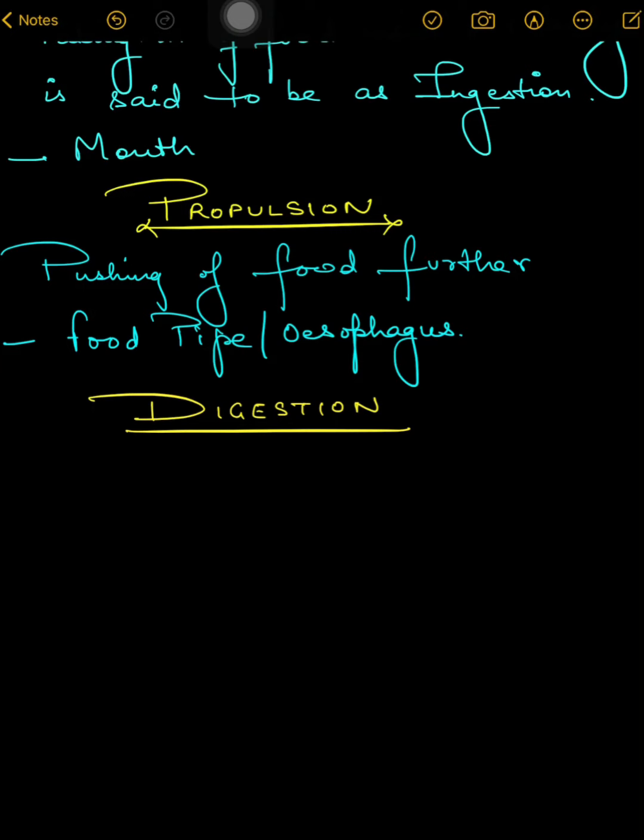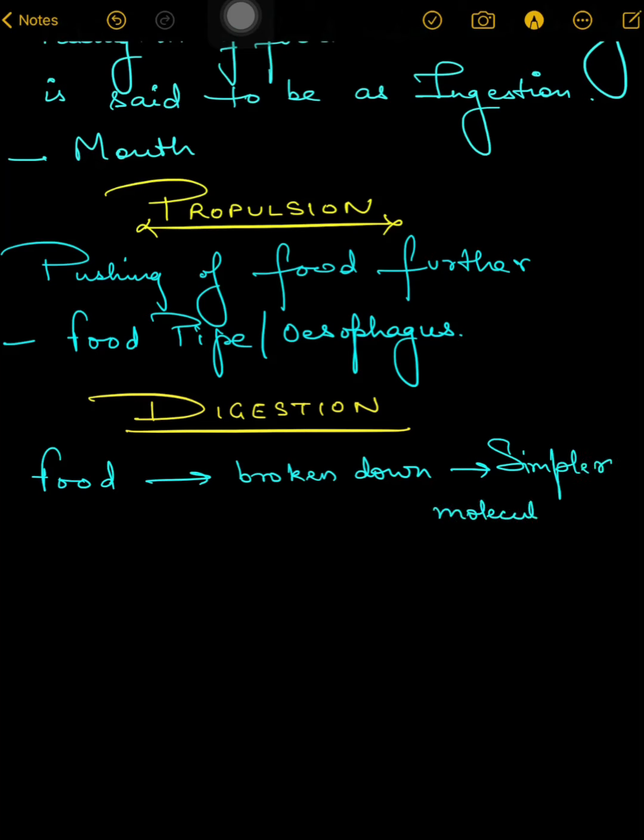Now digestion is the process where the food is broken down into simpler molecules. It is really important that the food must be broken down into simpler molecules since our blood would not be able to take all the nutrients.